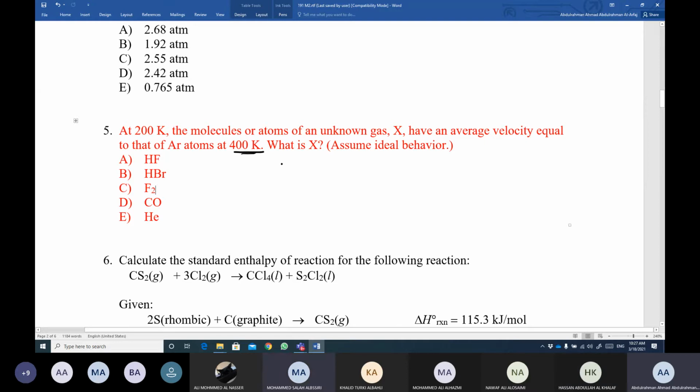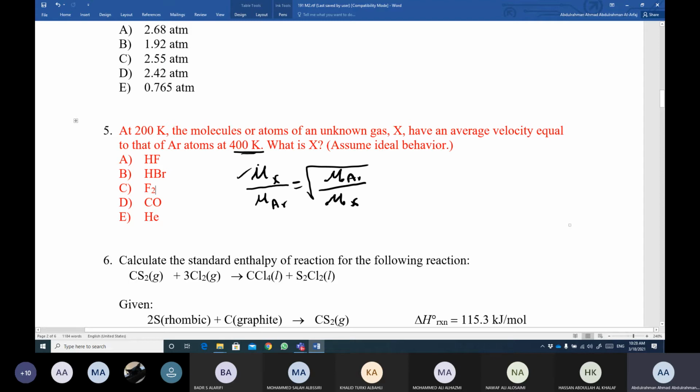Use root 3RT over molar mass. So, velocity of unknown divided by velocity of argon equal to the square root of the molar mass of argon over the molar mass of unknown X. So what's the molar mass?